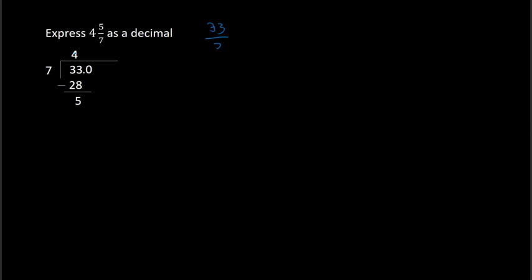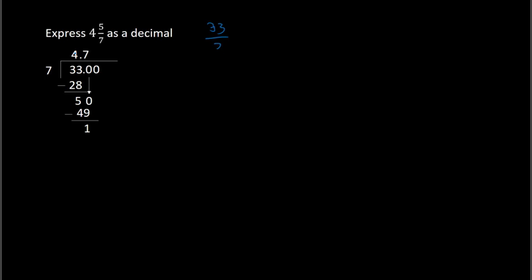I subtract, I get 5. And then I can bring down the 0 to get 50. So then I ask, how many times does 7 go into 50? Well, it's going to go 7 times. So I have 7 up there. And then I can multiply 7 times 7 to get 49. Then I subtract, I get 1.